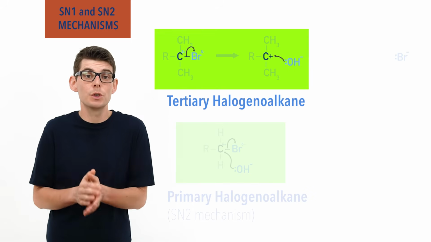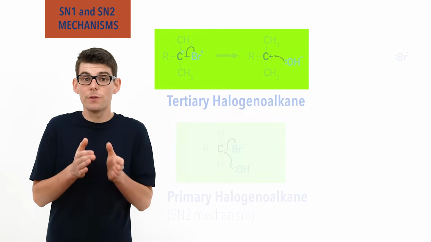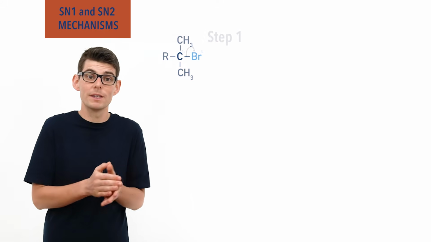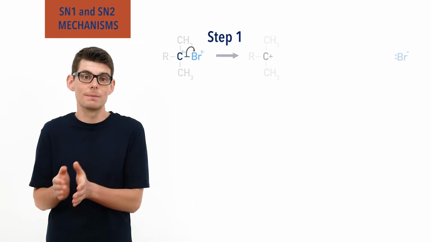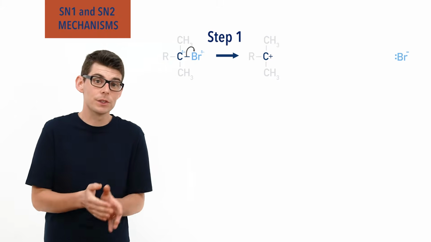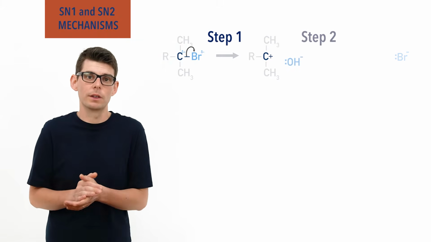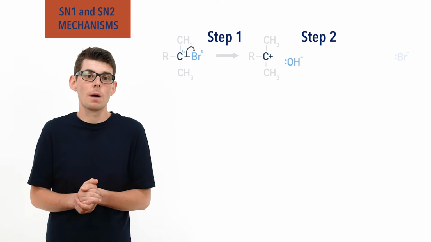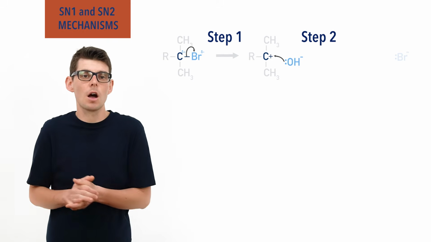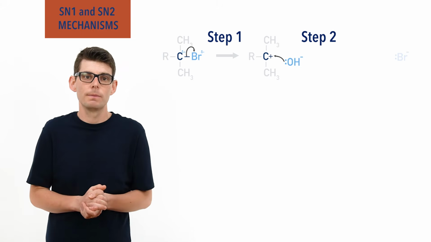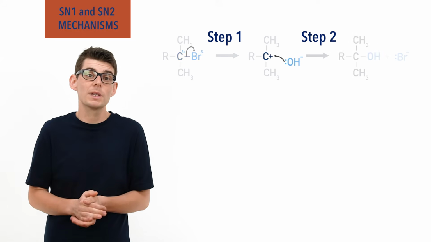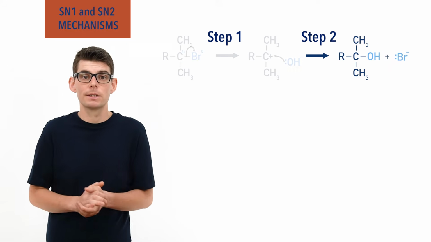This means there are two steps in the mechanism. First, the carbon-halogen bond breaks, leaving a carbocation intermediate. Second, the nucleophile, hydroxide ion here, forms a bond with the carbon that has a positive charge in the carbocation intermediate. A tertiary alcohol is formed and a halide ion is released.